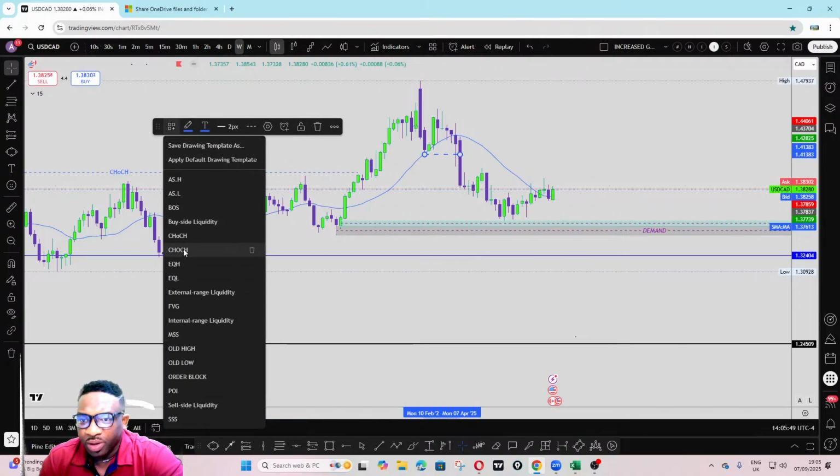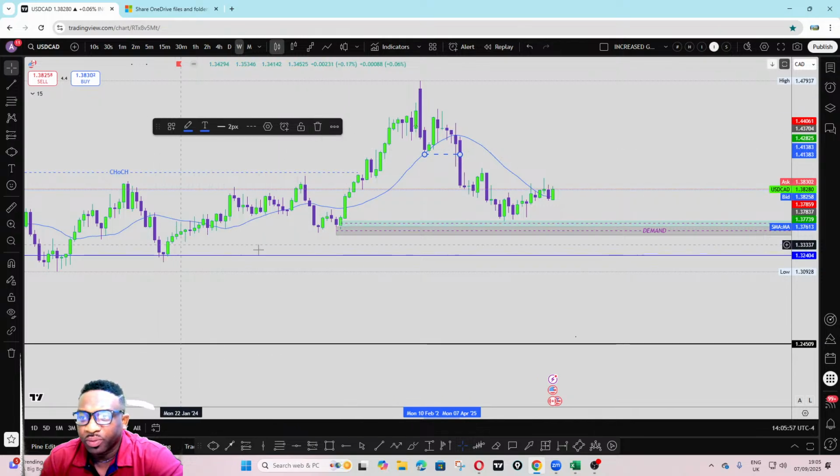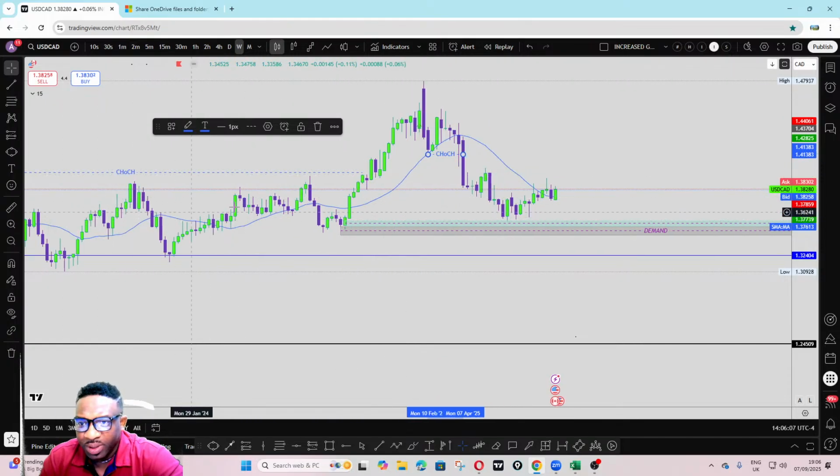We call it a change of character because we had this up move, price from this point on making highs. So we initially have this change of character here, where price broke above this area.